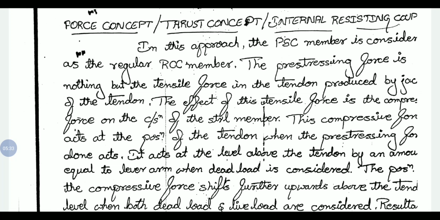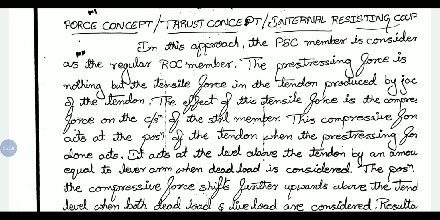As we know, if you consider only pre-stressing force, top fibers will be under tension and bottom fibers will be under compression. When you apply the loads, either dead load or live load, the tension zone from the top and compression zone from the bottom will gradually shift in reverse.